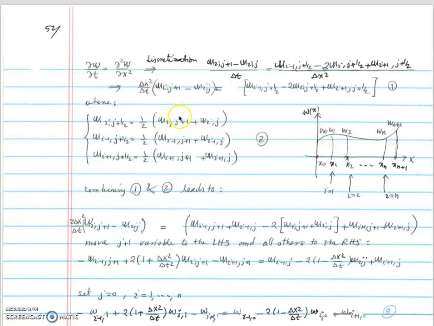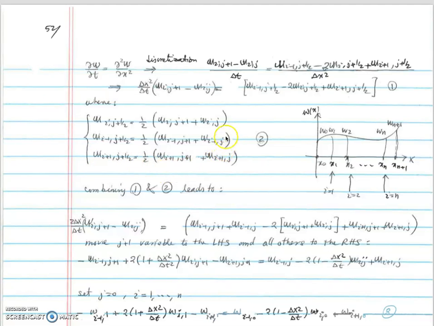All right, so j plus 1 is the subindex. In the same fashion, we can say w(i-1,j+1/2) is equal to 1/2 of w(i-1,j+1) plus w(i-1,j). So you can see that the index over i does not change, but the index over j actually, if you take the average of the j indices, you get j plus half. So in the same way, you can expand w(i+1,j+1/2).